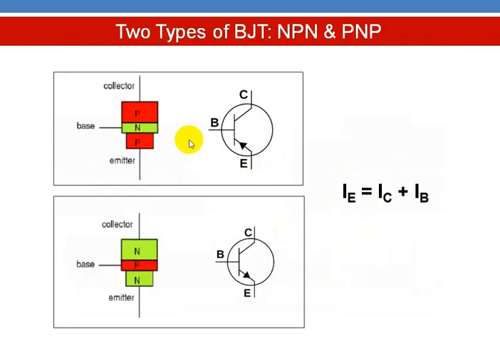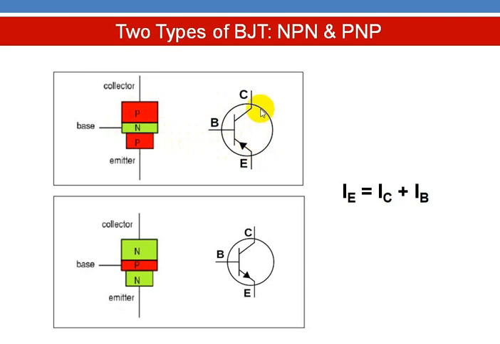The two types of transistors are PNP and NPN. PNP you can see here: collector region and emitter region are P regions, and base region is N region. Usually the middle region will be thin as compared to the outer layers.